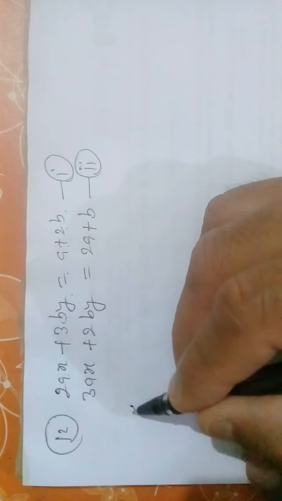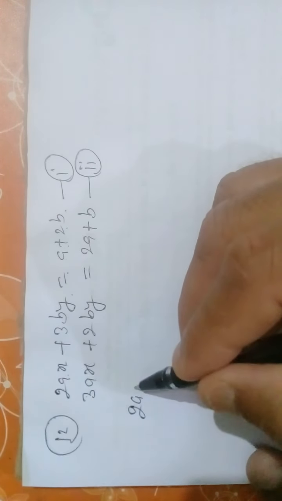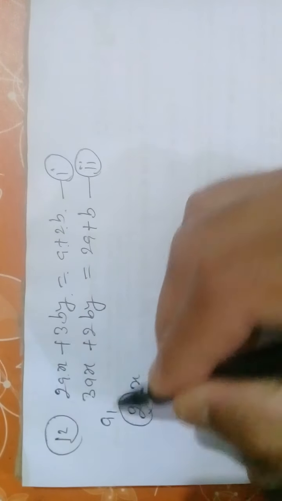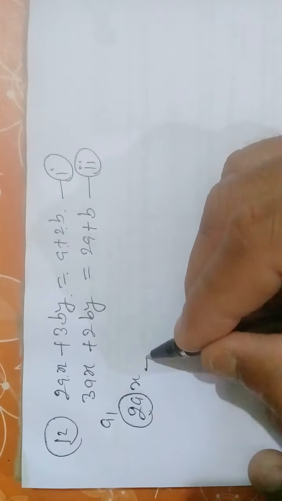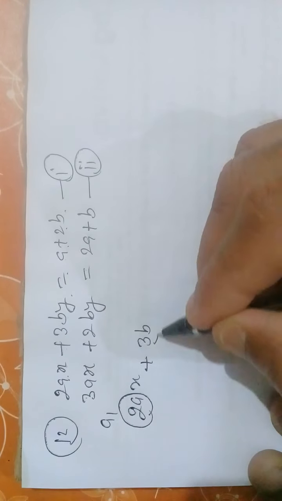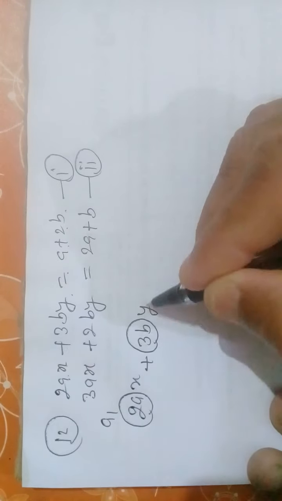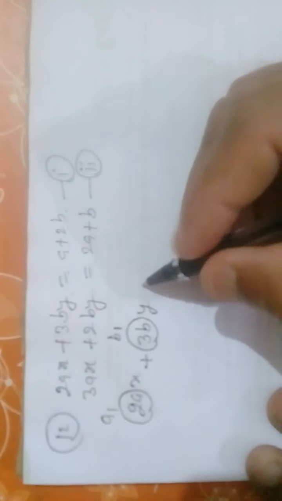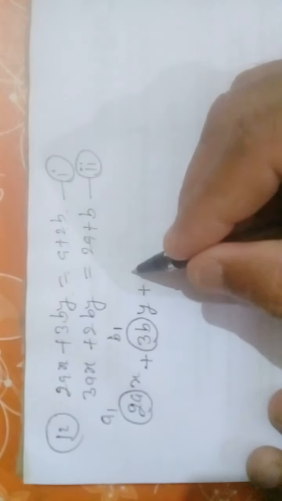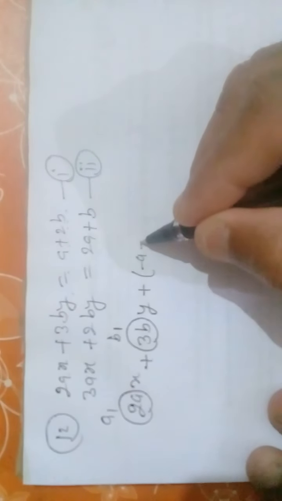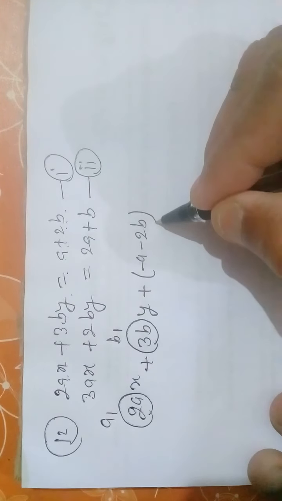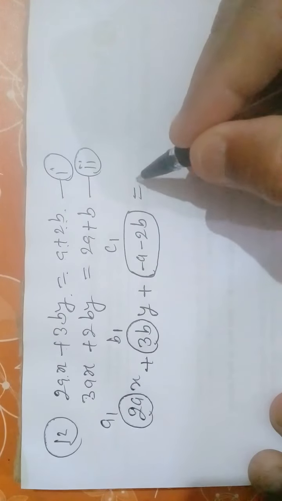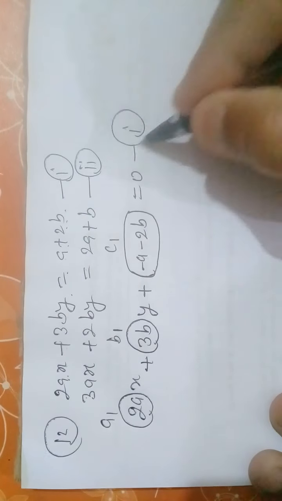Here 2ax, it's the value of a1, plus 3by, value of b1, plus minus a minus 2b, it's the value of c1, is equal to 0, equation 1.